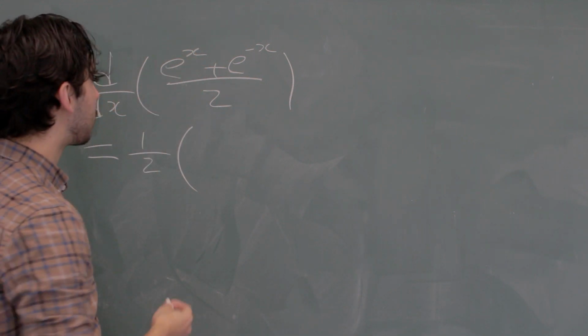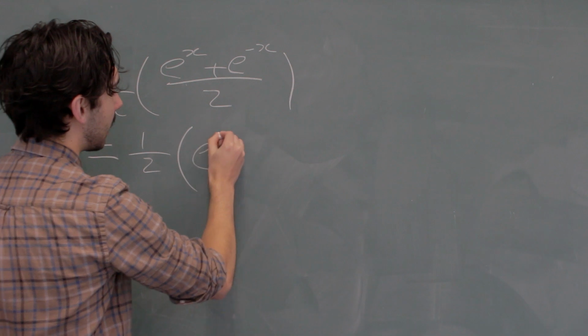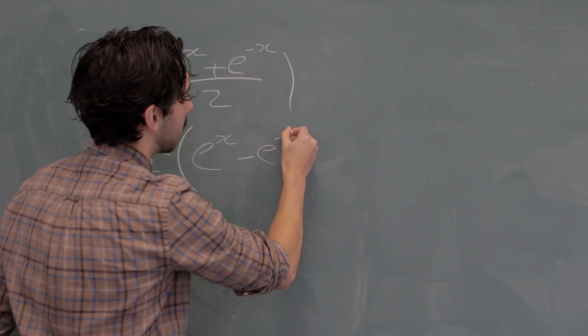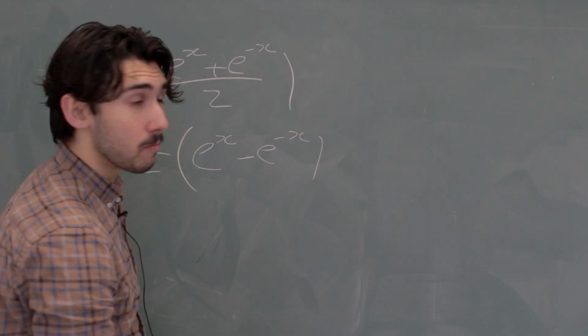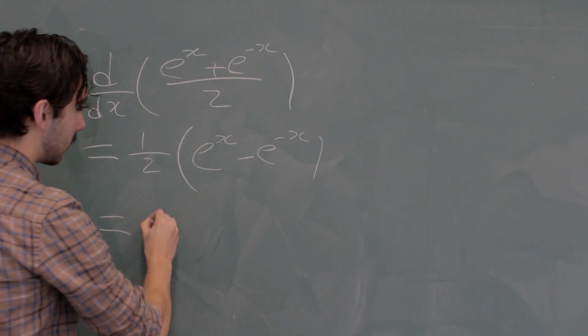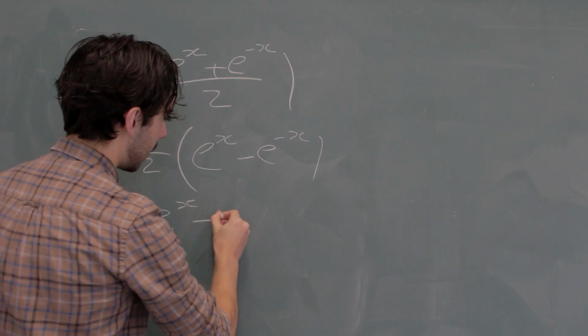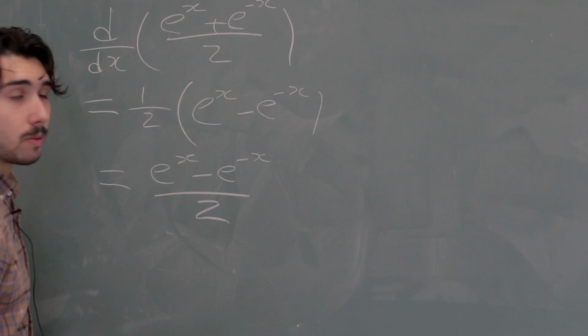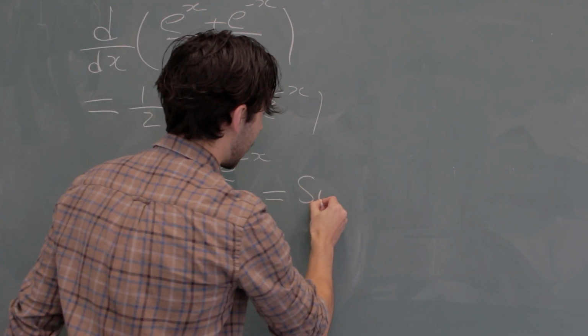This is really easy because e to the x differentiates to itself, so we have e to the x here, and then plus e to the minus x is just minus e to the minus x, again via the chain rule. Then we can see that this is just e to the x minus e to the minus x divided by 2, which, as you may know, is sinh x.